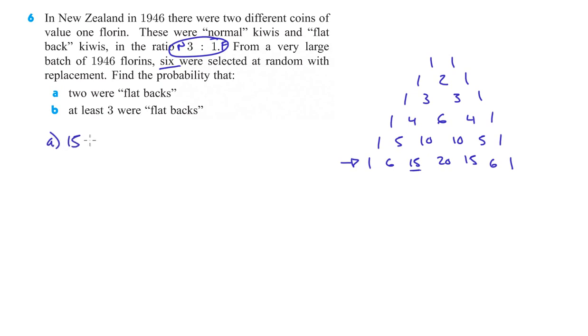We got 15 times the probability of getting a flatback. In the bag, we've got 3 normals and 1 flatback, right? So 1 out of the 4 are flatbacks, and we want 2 of those. You're drawing 6 total, so the other 4 are going to be the normal ones, that's 3/4.